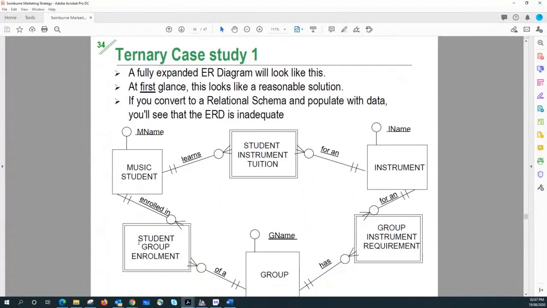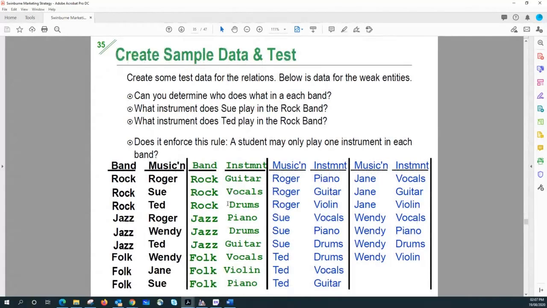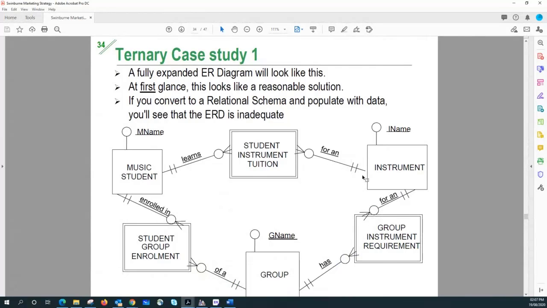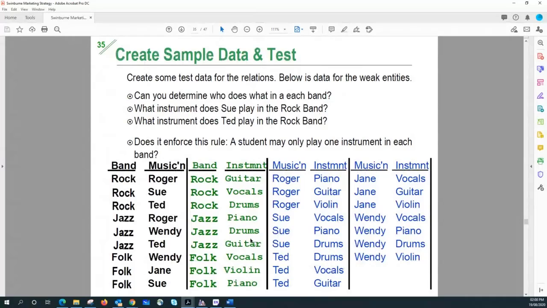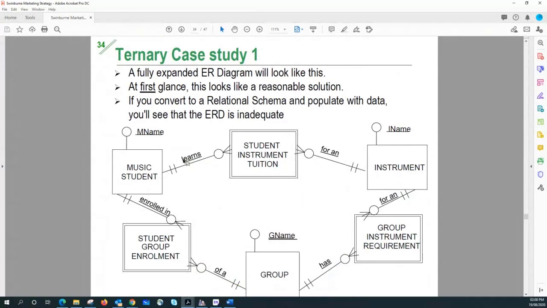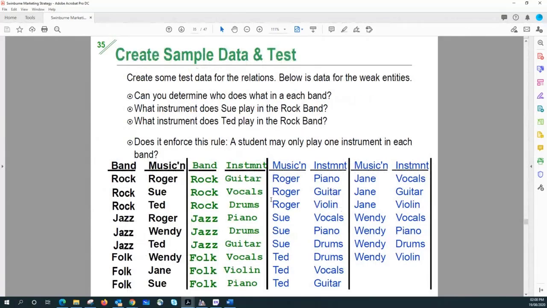This is the first test data here, and then the second one is band and the instrument. Band and the instrument is this. This is the test data in the green color, and then the third one, the instrument and the musician. This one is right here. So these are the three weak entities, right?